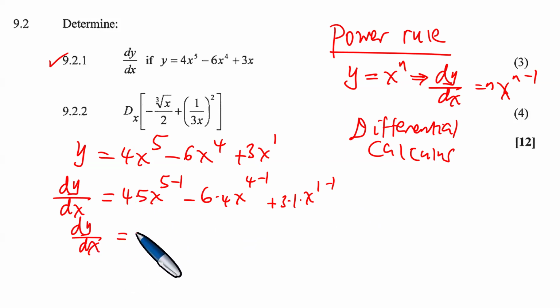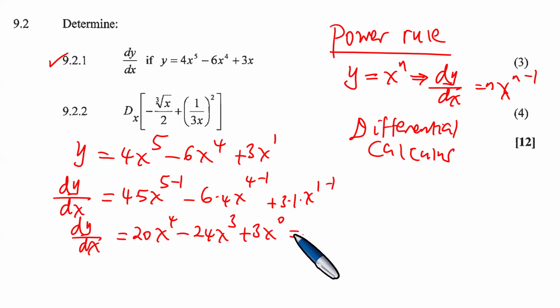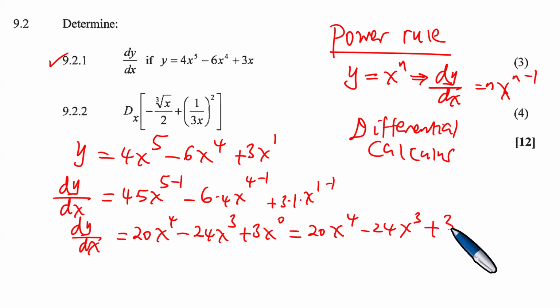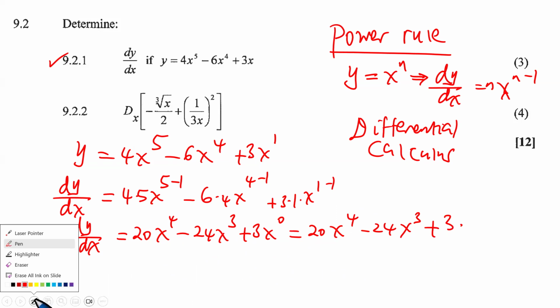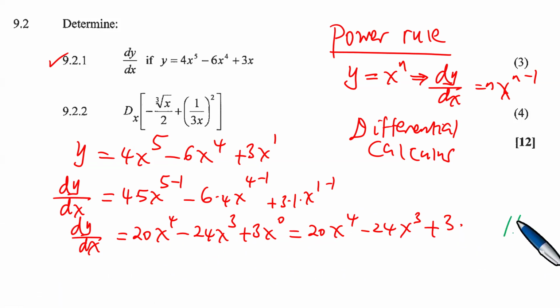Obtaining dy/dx equals, what is 4 times 5? 4 times 5 is 20x to the 4th power, and minus 6 by 4 is 24x cubed, plus 3x to the 0th power. And x to the power 0 is a 1, and 1 by 3 is 3, and this is the result. Pay attention to this because we are here on a journey to master mathematics and science together with technology.